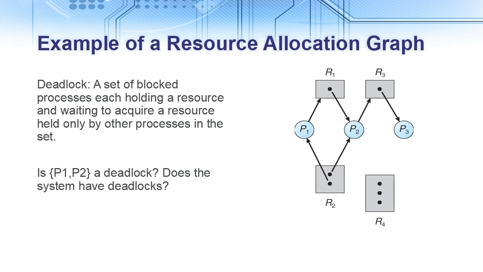Do P1 and P2 deadlock? Does the system have a deadlock? No, there is no deadlock here, as P3 is a process which holds the resource R3. After finishing, P3 releases resource R3, then P2 finishes and P1 finishes. So in this diagram there is no deadlock.